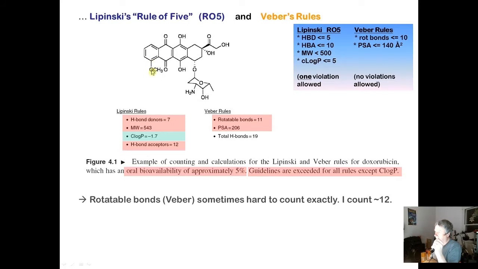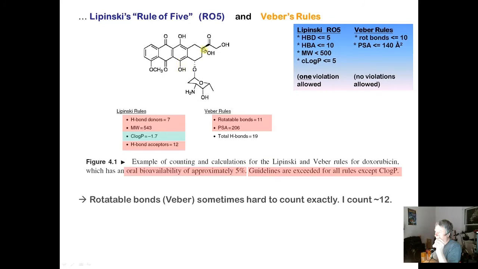Carbon to oxygen, that's 1. Oxygen to carbon, that's 2. These are rotatable. That bond is rotatable, and this bond is rotatable, right? So those are 2 rotatable bonds. Carbon to oxygen is also rotatable. So we have 1, 2. This carbon to oxygen is a rotatable bond. So 1, 2, 3, 4.